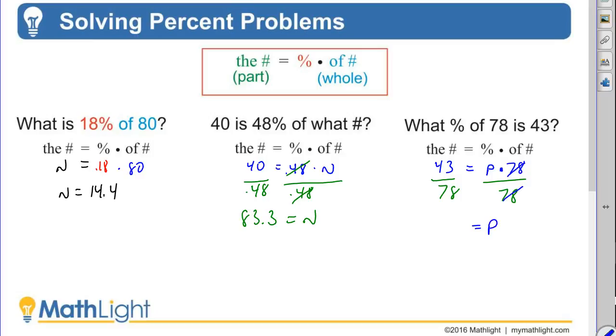When you do 43 divided by 78, remember your percent is in decimal form, so multiply times 100. 55.1, I'm sorry. I've always instructed my students to leave the answer to one decimal place, whatever your teacher prefers. But those are all three possibilities of basic percent problems.